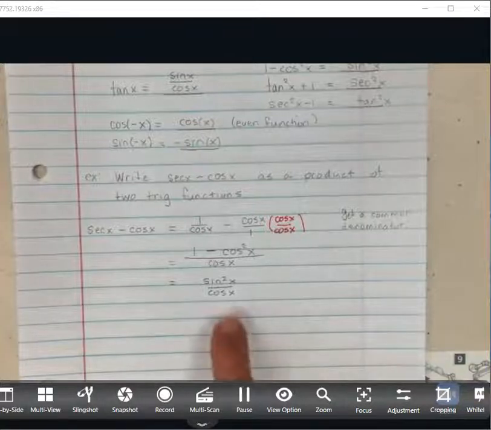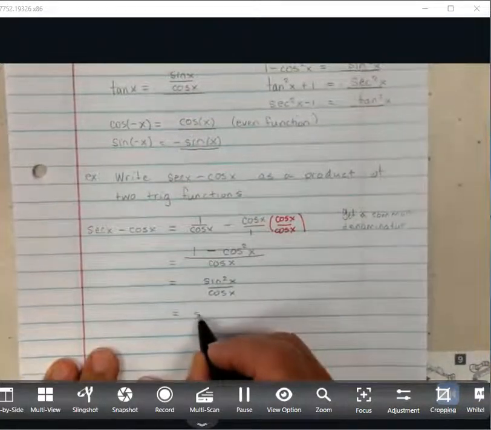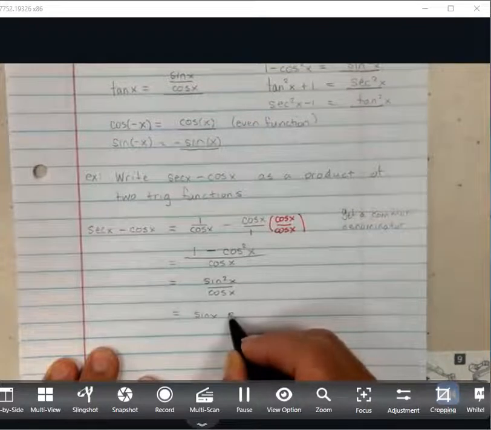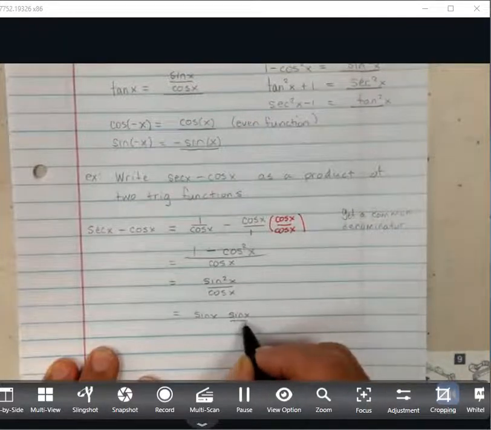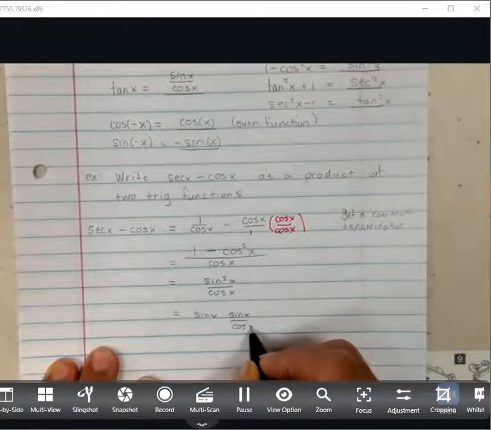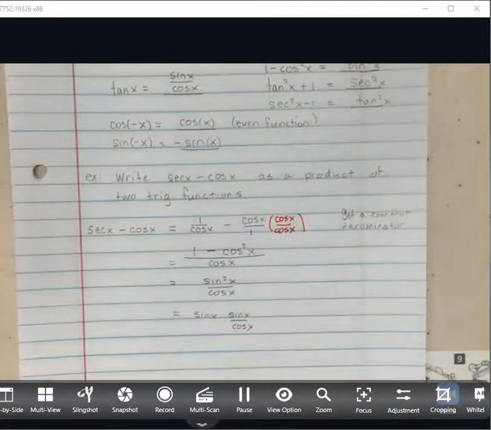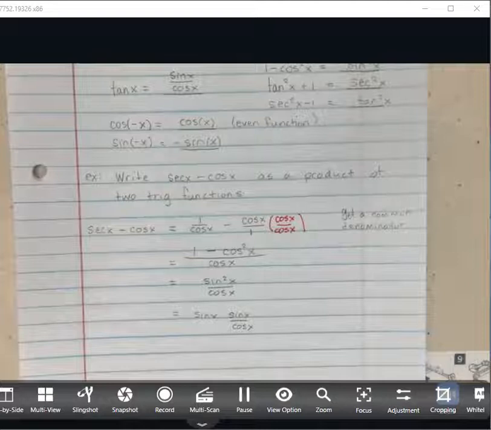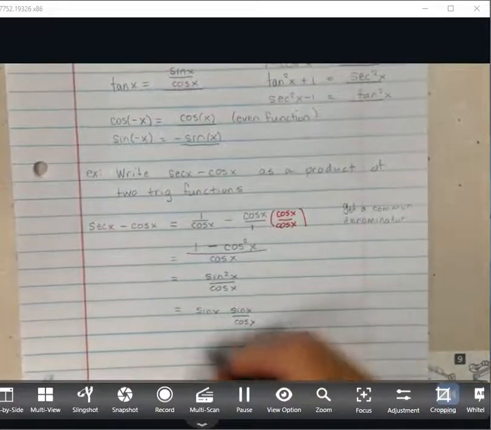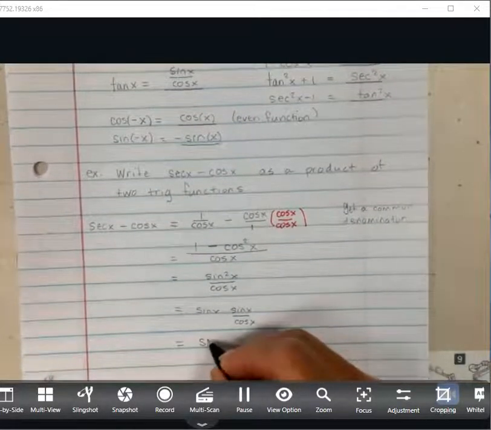And I'm going to rewrite this as the sine of x times the sine of x over the cosine of x. Because I know an identity for the sine of x over the cosine of x. What is it? Tangent. And now I've got a product. It's the sine of x times the tangent of x.